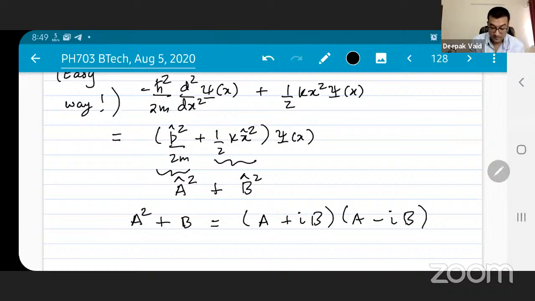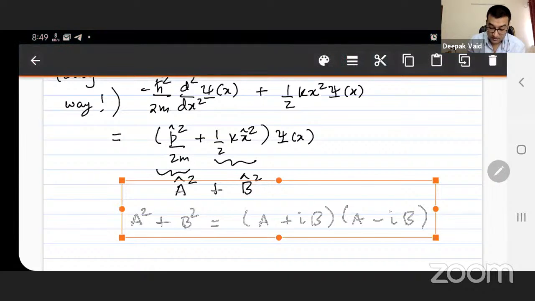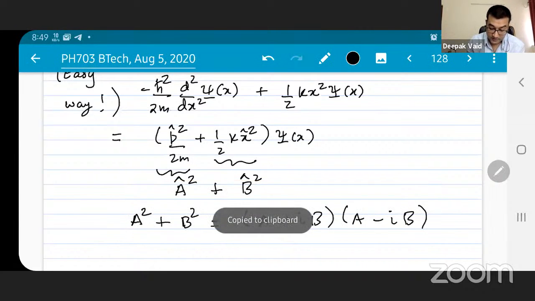So that's why I removed the hats. When we are dealing with operators, the commutator will play a role. So this is just for numbers, okay?